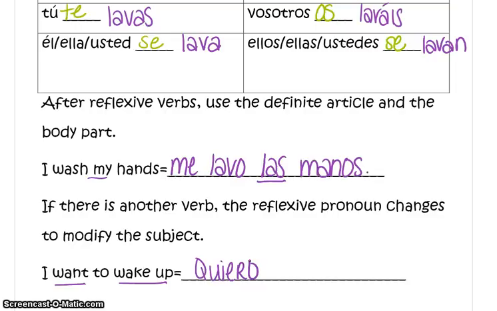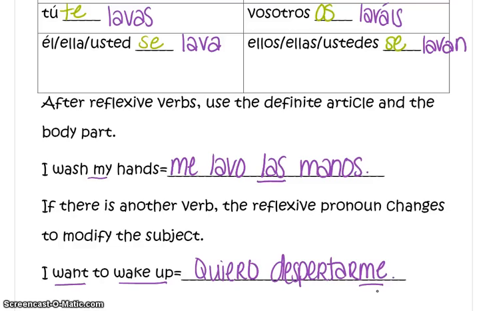The se at the end is the pronoun, but we're talking about ourselves, so you use the pronoun you would use in the yo form, but you leave it attached to the infinitive. So quiero despertarme instead of se. We use a pronoun still, but since there are two verbs, we attach it to the end of the infinitive.